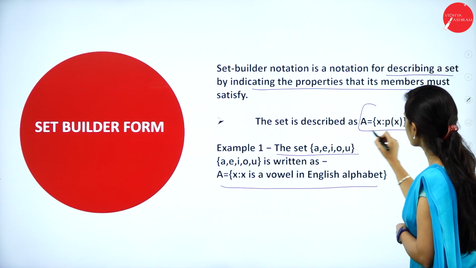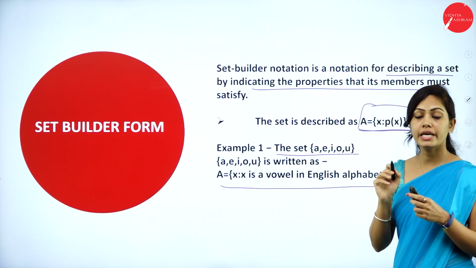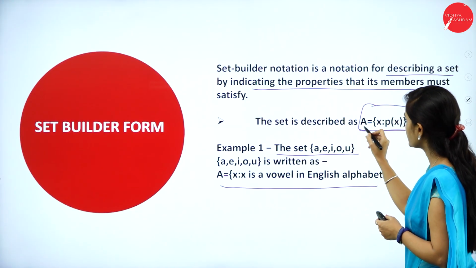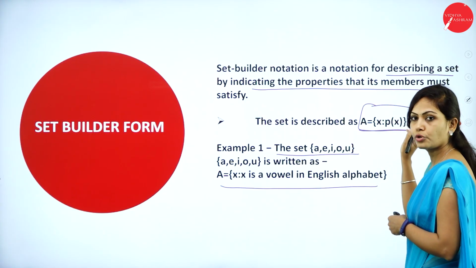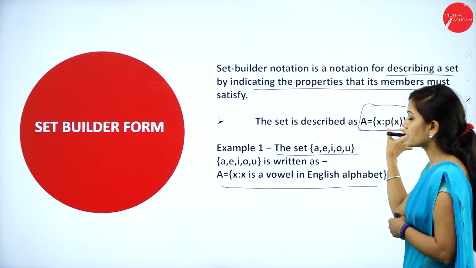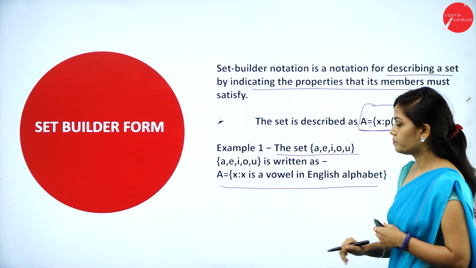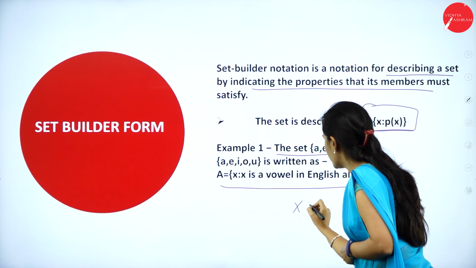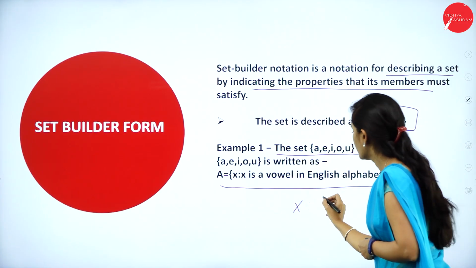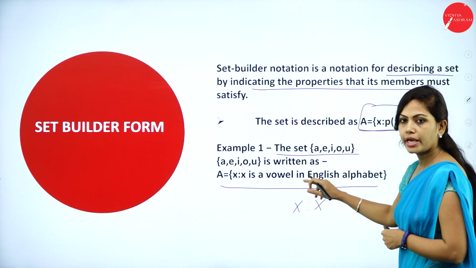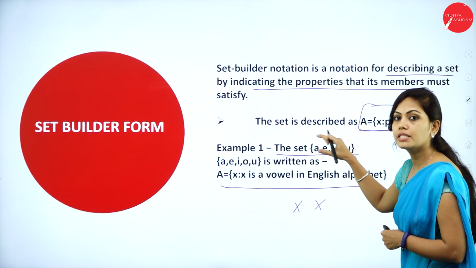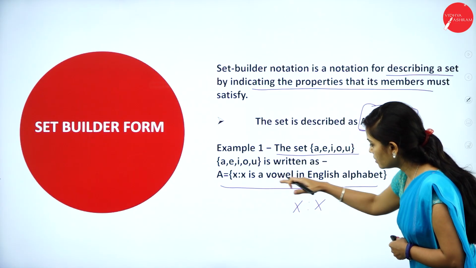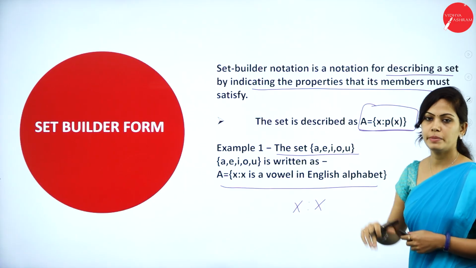So this is the syntax for representing set builder form, that is set A is equal to X such that P of X. Here I will mention the statement of a given set. X such that, where the colon stands for such that, X is a vowel in English alphabet. Instead of listing the elements, I am writing the statements in set builder form.